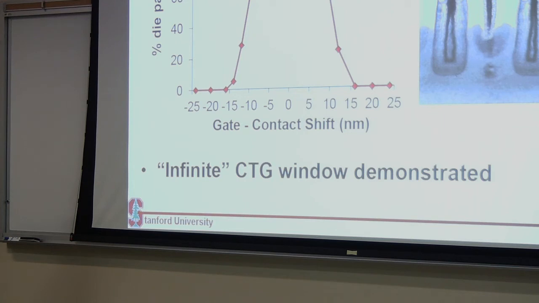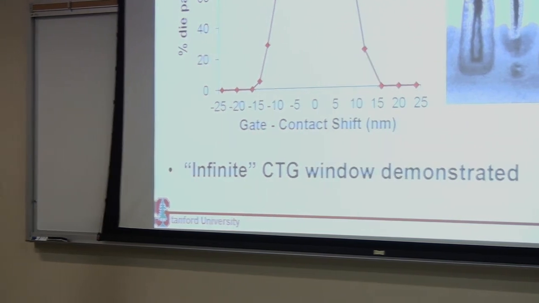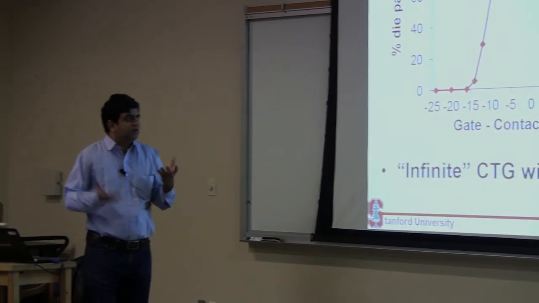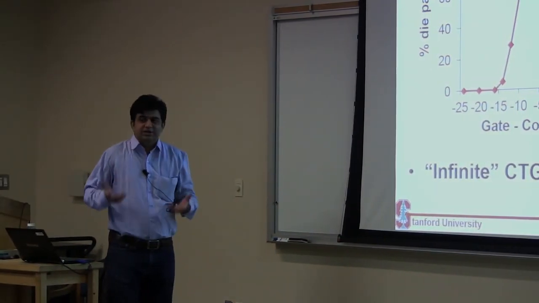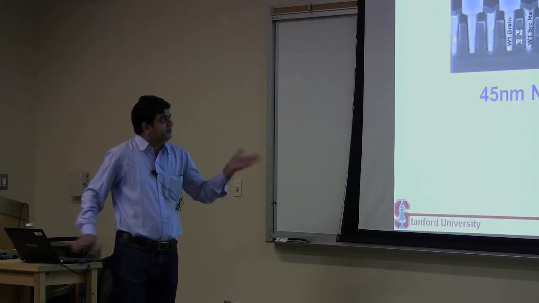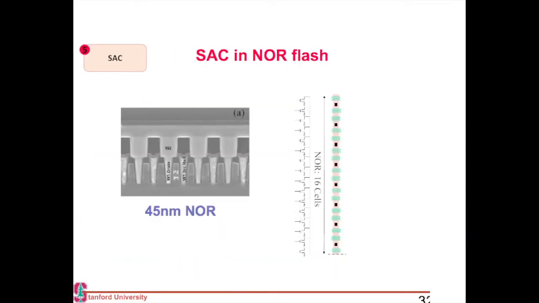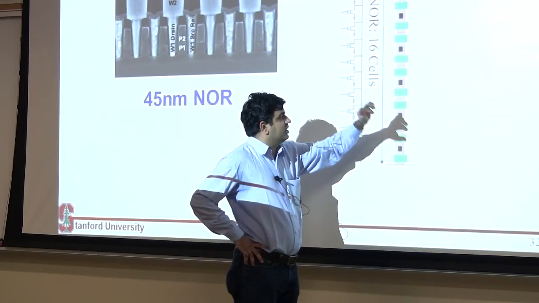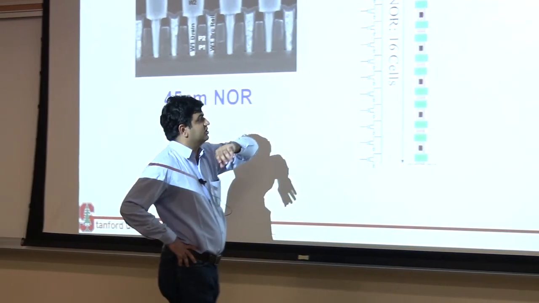Intel announced it at 22 nanometer, but again, I want to bring up this point that DRAM, NAND, logic, they keep borrowing ideas from each other. The NAND flash people have been using it since 45 nanometer technology, and they have these well-defined layouts where you have these cells, and each of these bit line contacts has to land between two adjacent cells.